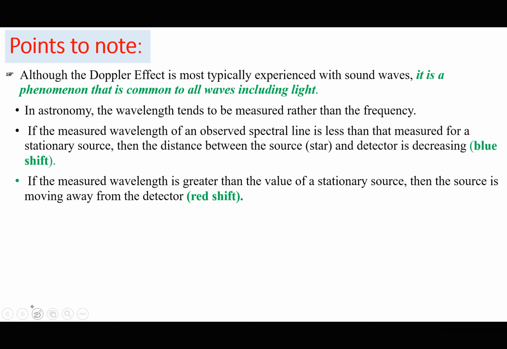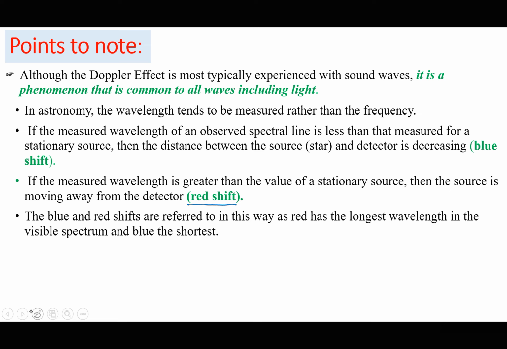When the source is moving away from the observer, the frequency of sound goes down. Similarly, if a source of light is moving away from the Earth, for example, the wavelength observed is higher, so the frequency is actually lower. So it is still Doppler effect, only that we shall specifically call it a redshift or Doppler redshift. The blue and red shifts are referred to in this way, as red has the longest wavelength in the visible spectrum, and blue is considered to be the shortest.